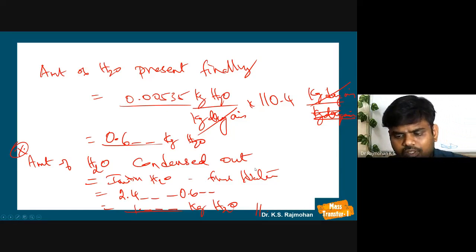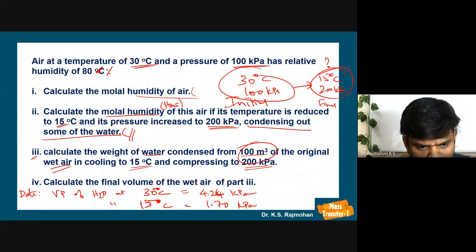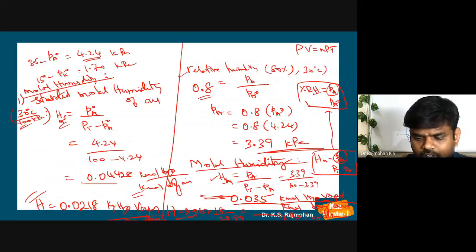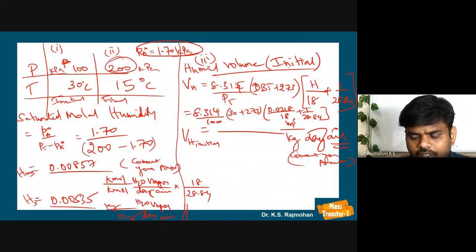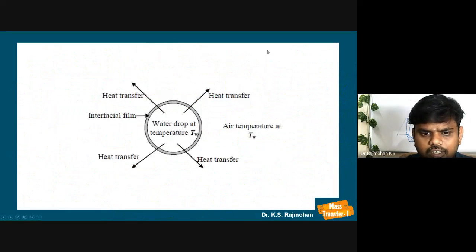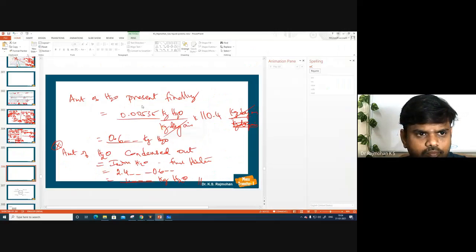Okay, now going back to the question: what is the final volume of wet air of this part 3? How can we determine the final volume? Again we have to make use of the same formula. We calculated the humid volume initially, so first calculate the final humid volume, then we can find out the total volume of the mixture.